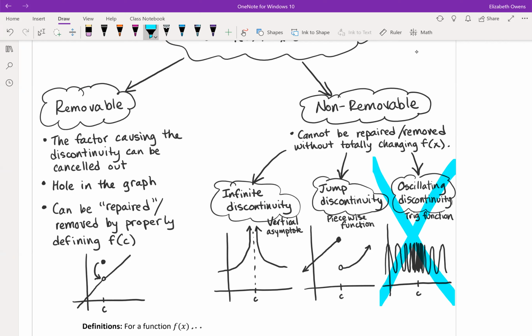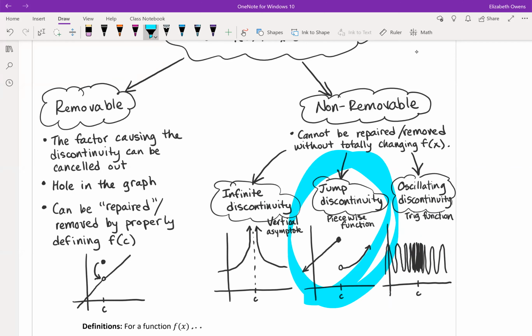Okay. We can probably also remove the possibility of an oscillating discontinuity. We don't have a trig function. The function we were looking at is piecewise. It's a line and a parabola, basically. So not oscillating. And therefore, that leaves us with a jump discontinuity. You can definitely see that from the one-sided limits as well, how the limits jump from one value to another.